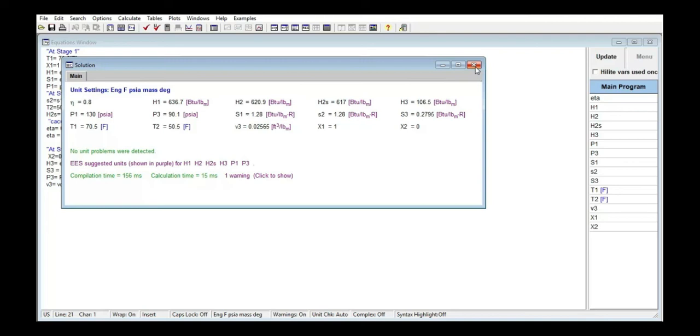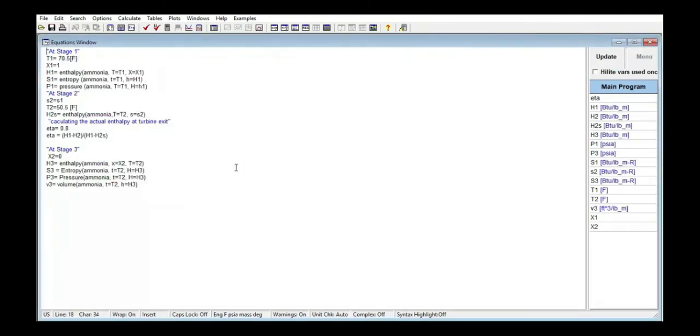Now we will go to stage 4. We will write it as stage 4. Now at this stage, entropy will be the same as it is an isentropic system, so S3 will be the same as S4, and as it is going back to stage 1, the pressure will also be the same for this stage, P1 is equal to P4.